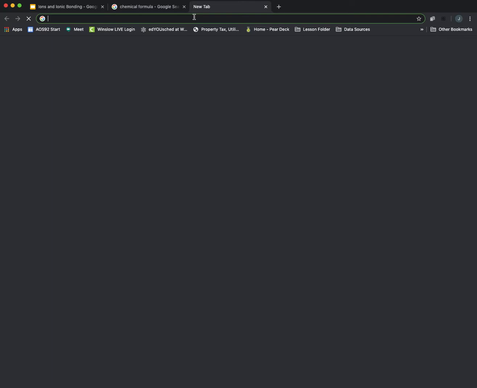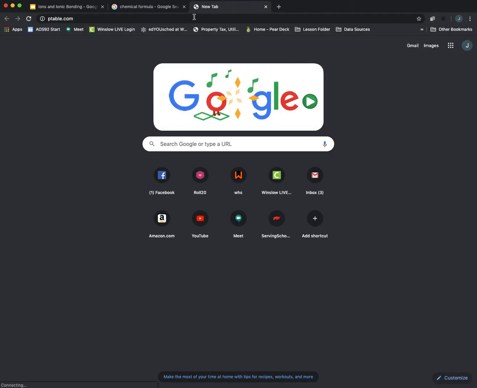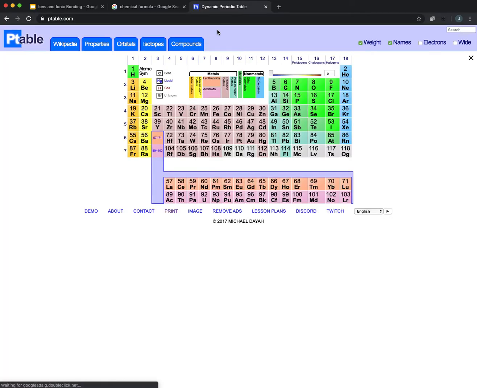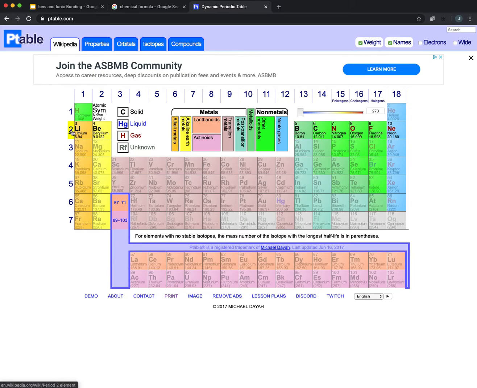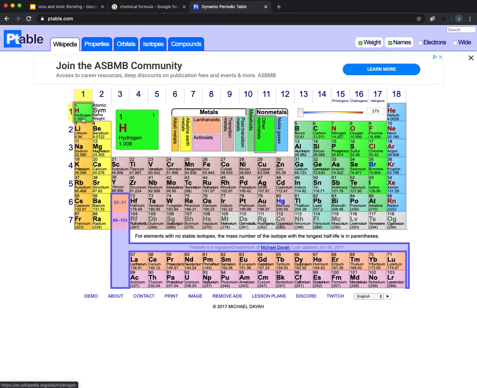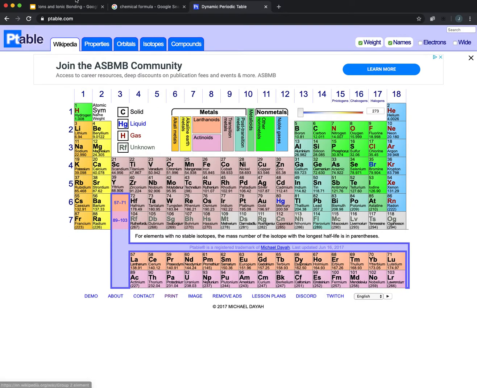So if you go to your dynamic periodic table, ptable.com, that dynamic periodic table we've been using, and look at those first 4, hydrogen, helium, lithium, and beryllium, when we look at their Bohr models, they only have those 2 outer rings, and it's actually that first ring that can be full with 2 valence electrons.